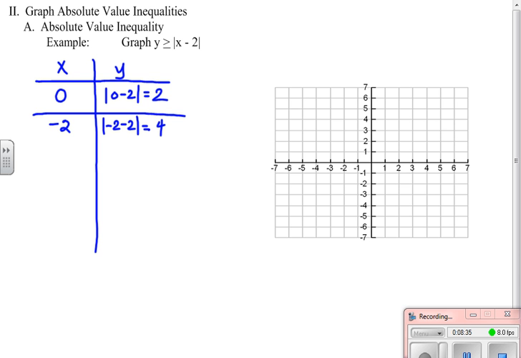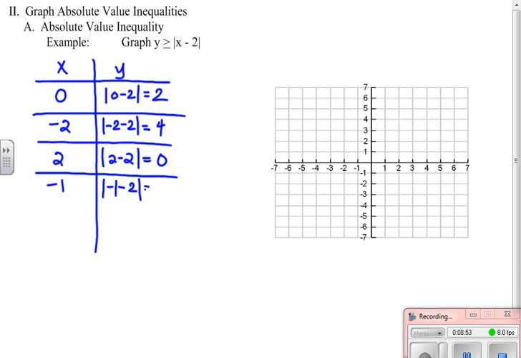If I put 2 in, I've got 2 minus 2, which is 0. 0 doesn't have an absolute value. Let's do negative 1. Negative 1 minus 2, negative 3. Absolute value is positive 3. Let's do one more positive. Let's do 4. Absolute value of 4 minus 2 is 2. So the answer is 2.